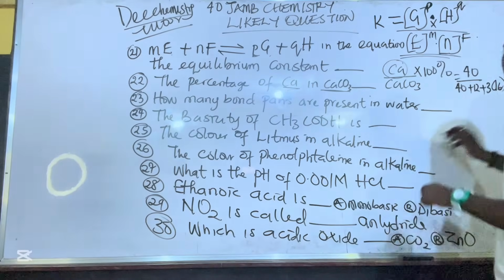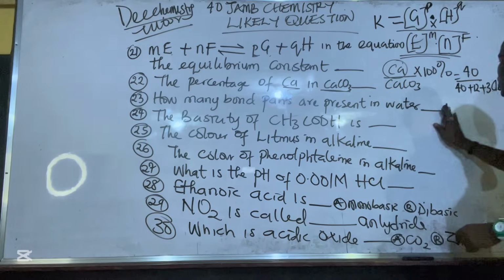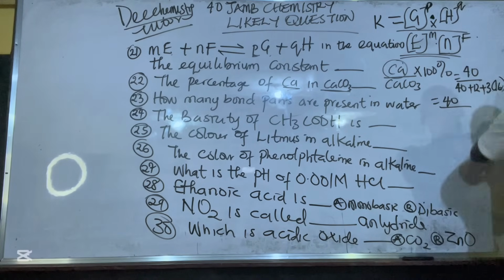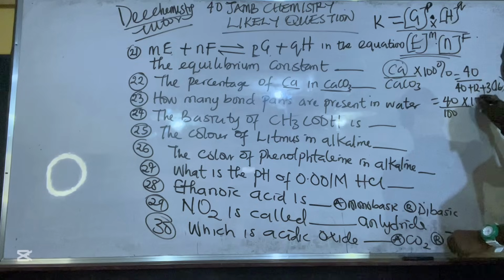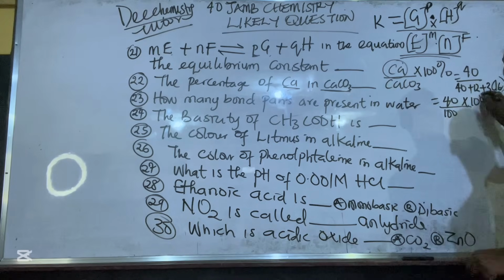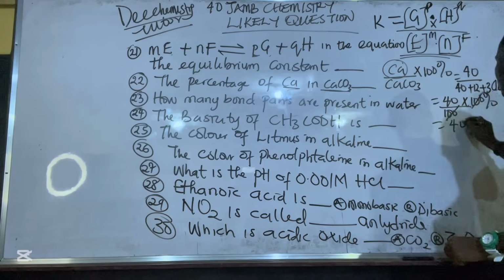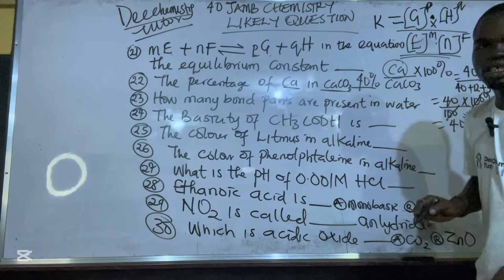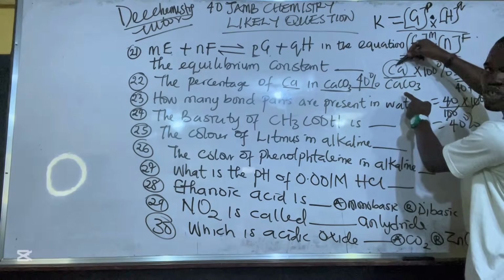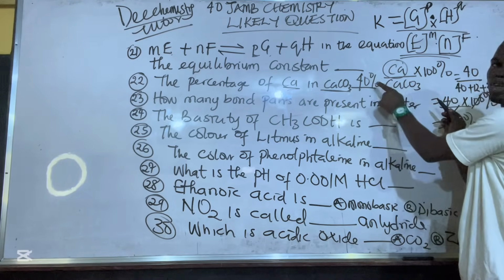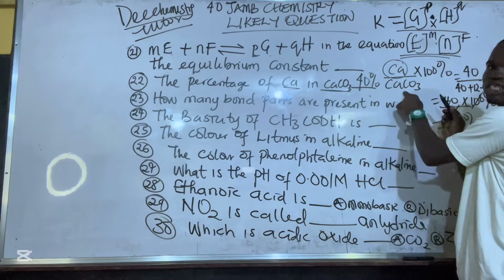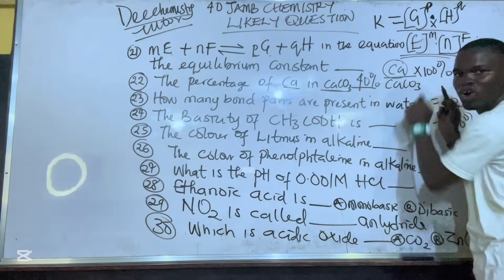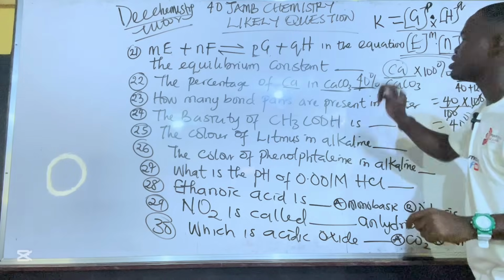From here, this is 40 all over 52 plus 48, which is 100, times 100%. So the 100 cancels with the 100%, and the answer is 40%. It's just calcium over the summation of the molecular mass, which is calcium plus carbon plus 3 oxygen. So the answer to this question is very easy.